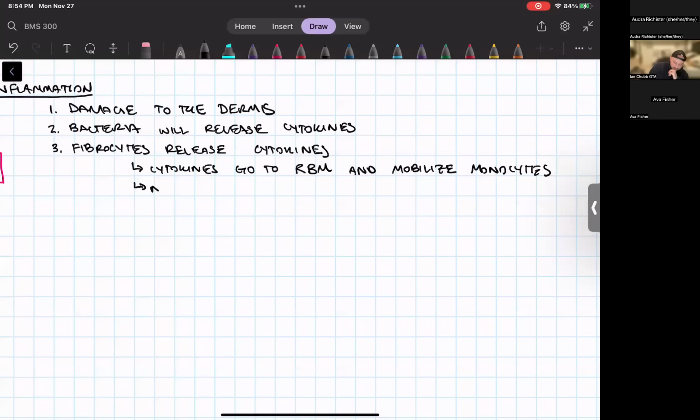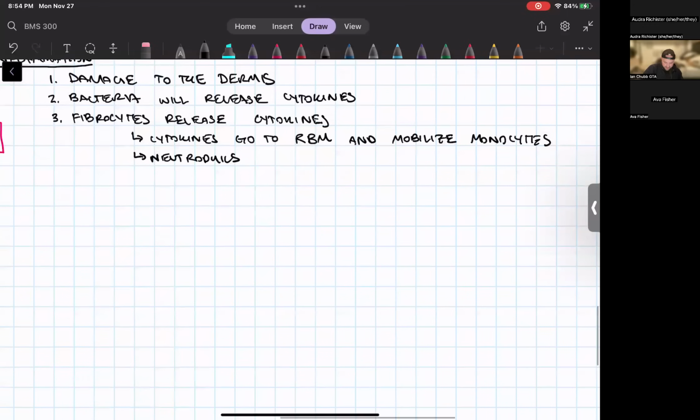The other one is our neutrophils. Remember, we're talking a lot about the neutrophils. Really, the neutrophils are going to be your first line of action. Monocytes, because they become macrophages, are going to come in and eat the bacteria, and then they can present a piece of that bacteria on their cell surface. And then you can have an adaptive immune response.